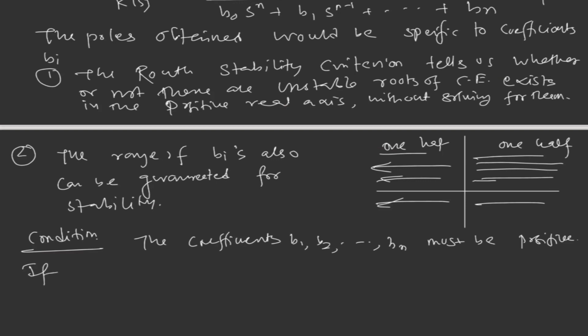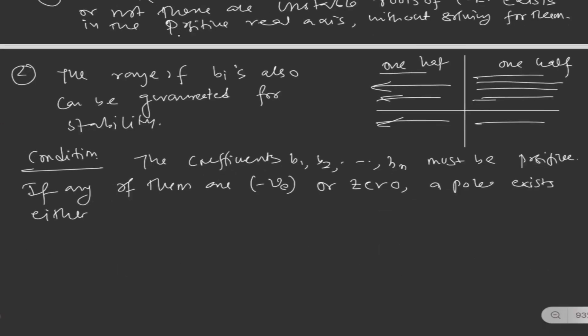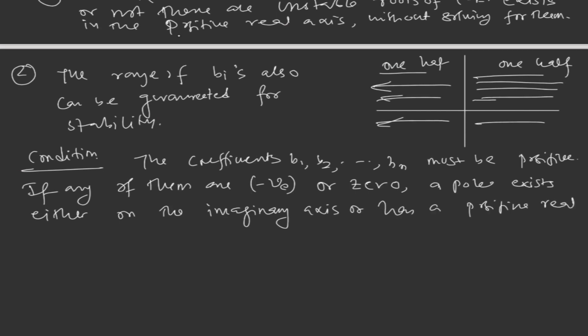If any of them are negative or zero, a pole exists either on the imaginary axis or has a positive real part.